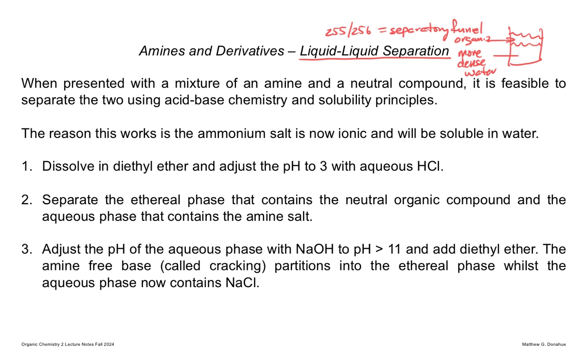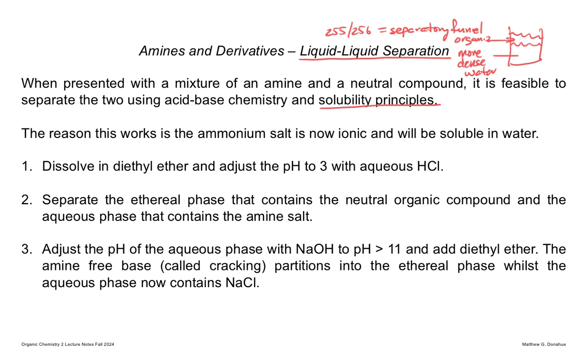So when presented with a mixture of an amine and a neutral compound, it's feasible to separate the two using acid-base chemistry and then solubility principles. The reason this works is that the ammonium salt is now ionic and will be soluble in water.